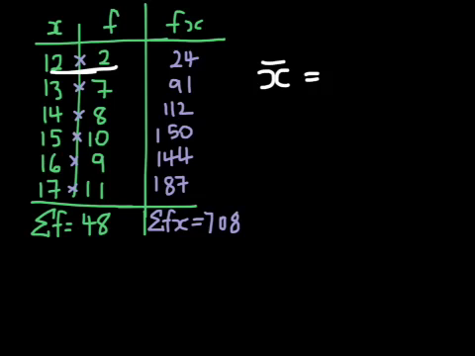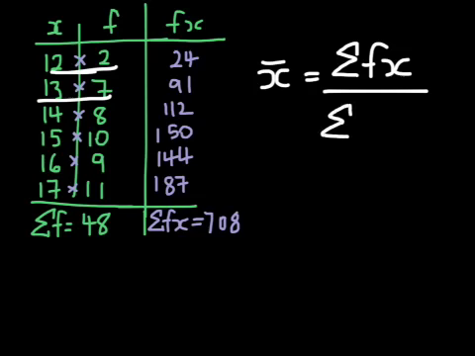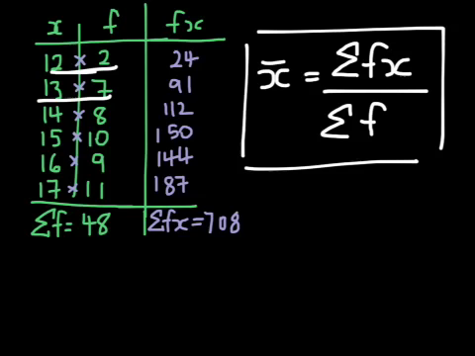We had 7 13s, added them together, and we'd get 91. And then we've added all those sums together, and we've ended up with the sum of my fx column, which was 708, and we're going to divide it by the number of scores, which happens to be the sum of my frequency column. And so this is my formula that I use.